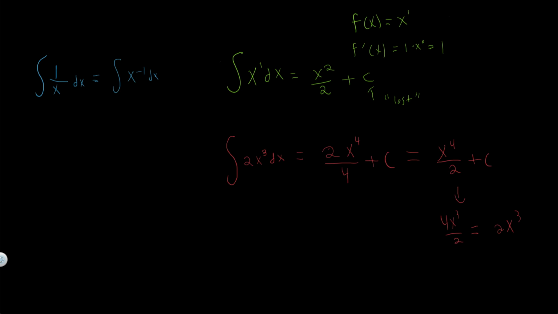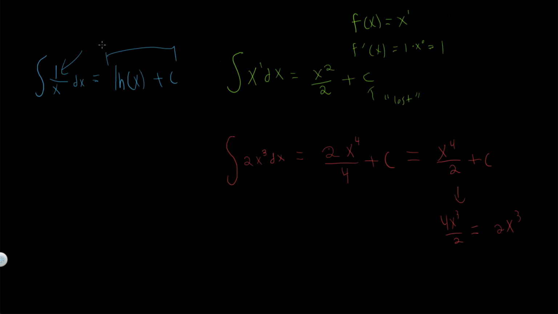The special case, which you might notice, is this: 1 over x, what function's derivative is 1 over x? Well, that's just the natural log of x. So the antiderivative of 1 over x is the natural log of x plus c, because the derivative of this expression is the integrand itself. So that's how I think of it.